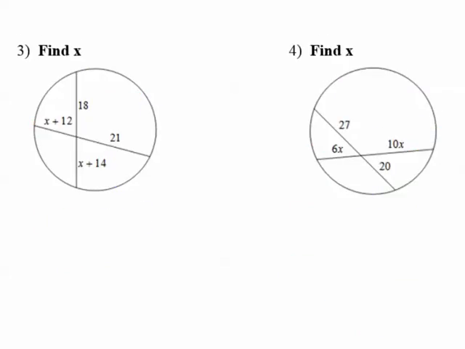Once again, I'm going to highlight both sides. There's my red highlighter and my blue highlighter. So when I look at the red, I get 21 times x plus 12 equals, and in blue I get 18 times x plus 14.